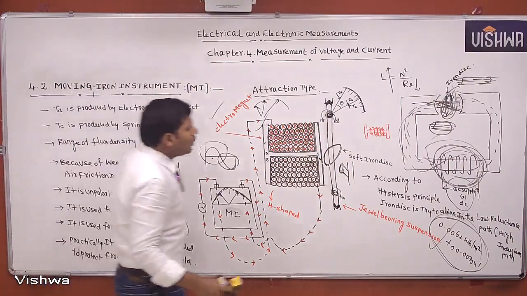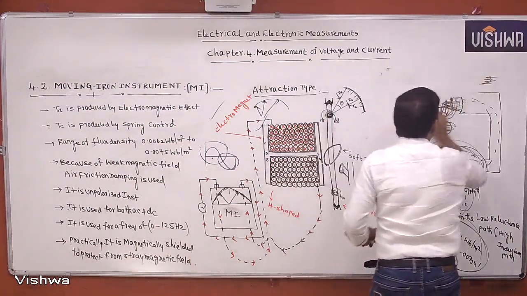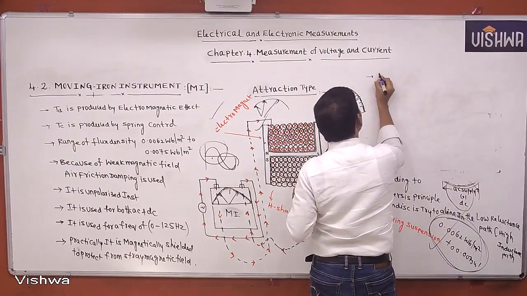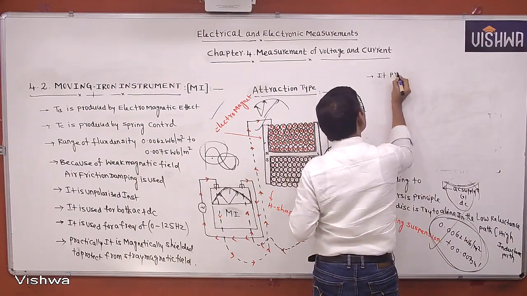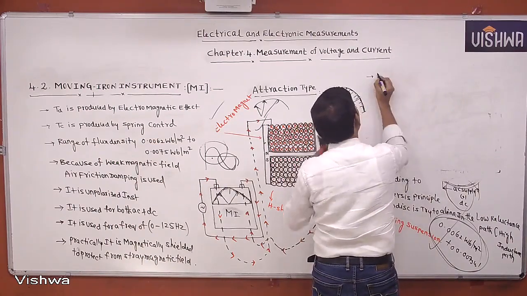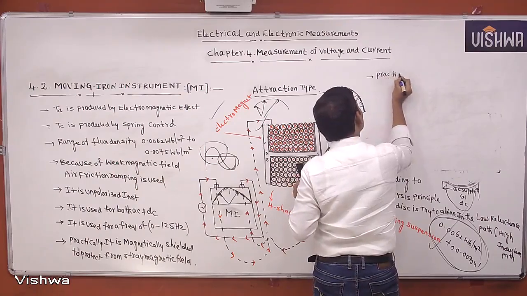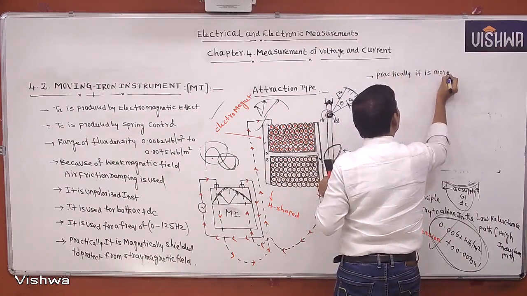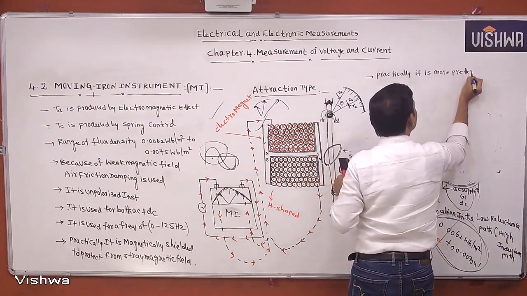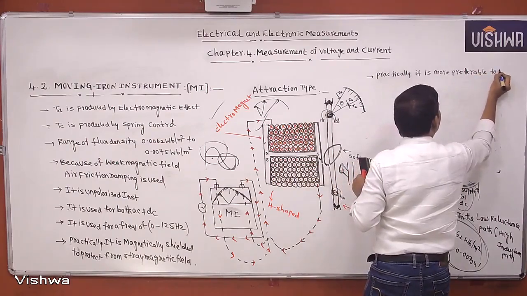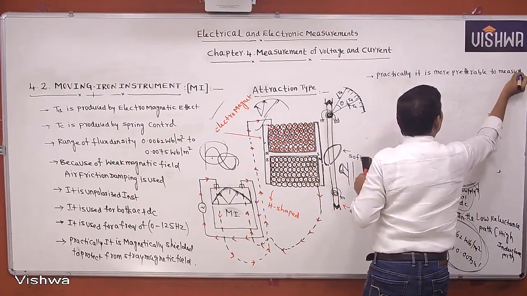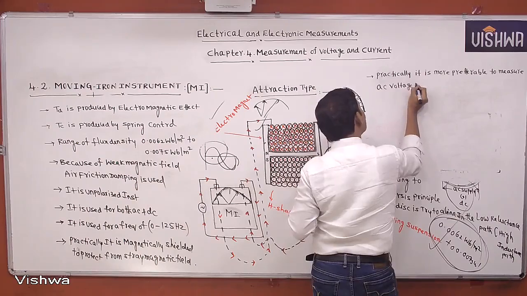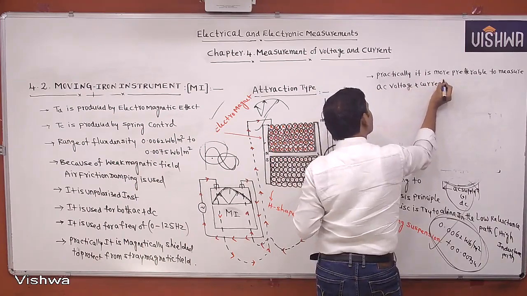Okay, then one more point to remember. Practically it is more preferable to measure AC voltage and current, not DC. For DC measurement PMMC is already there.